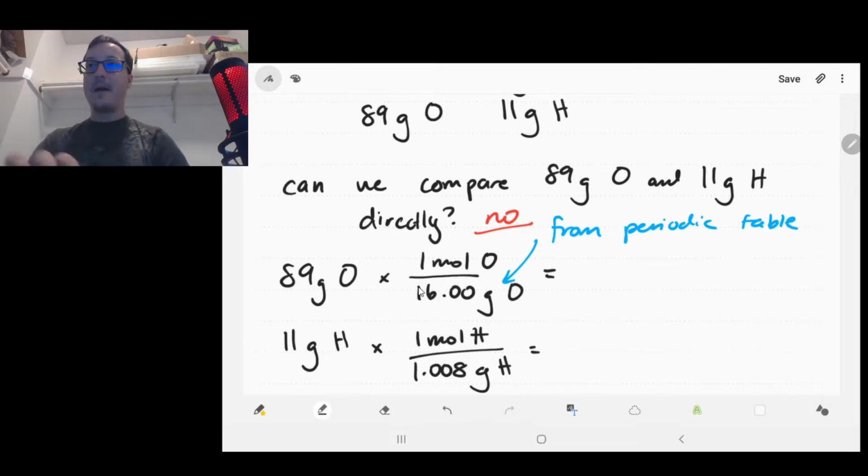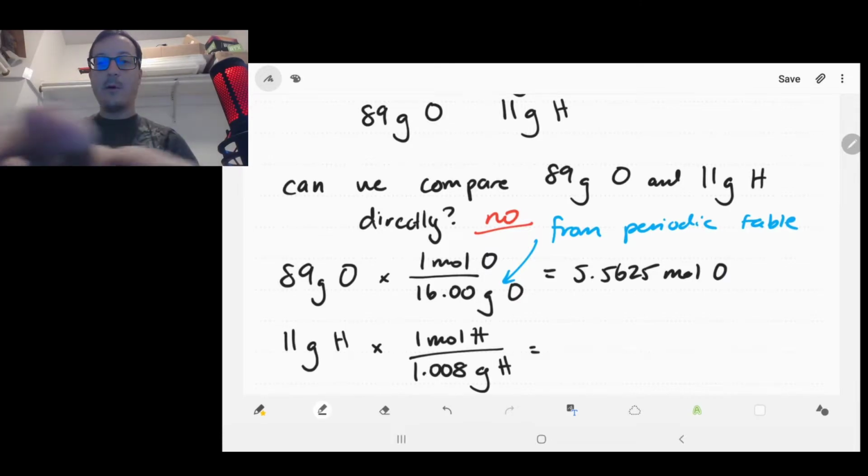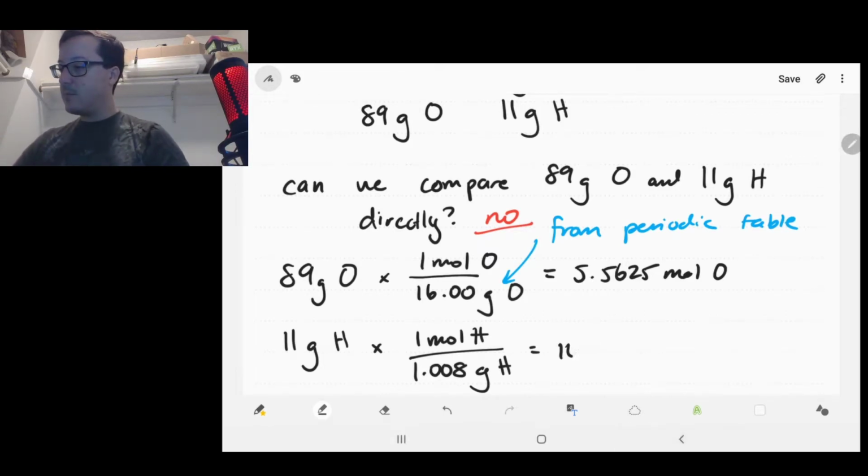And we can go ahead and do the math. So we have 89 divided by 16. If my computer wants to behave. There we go. 89 divided by 16. We get 5.5625 moles of oxygen. And if we do the same thing for hydrogen, 11 divided by 1.008, we get 10.91, let's just say 3.